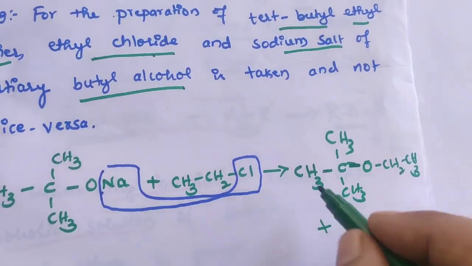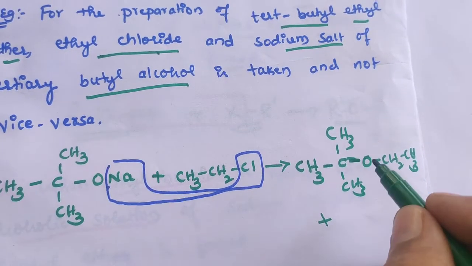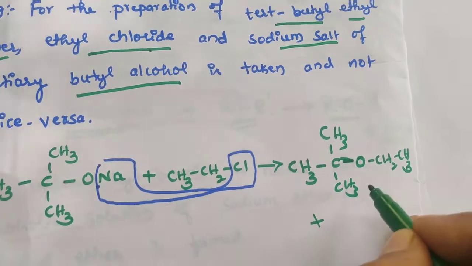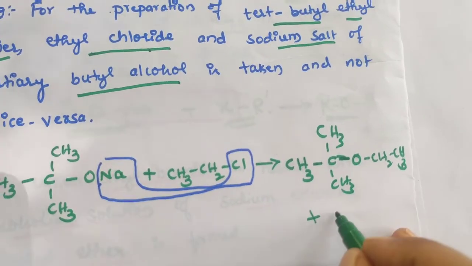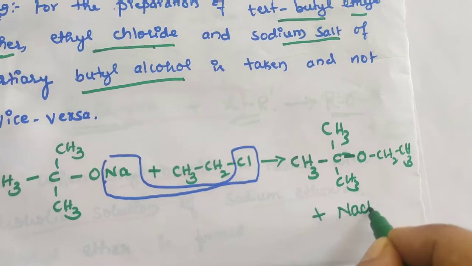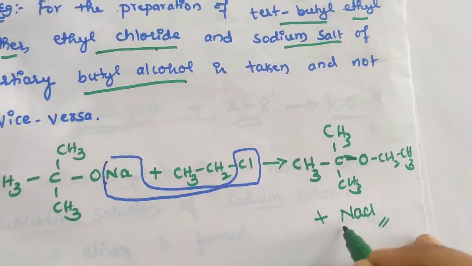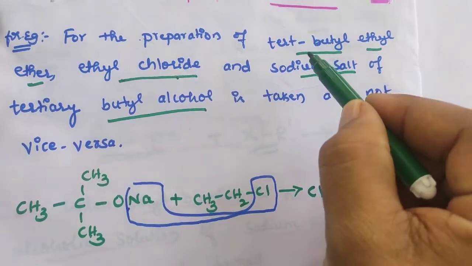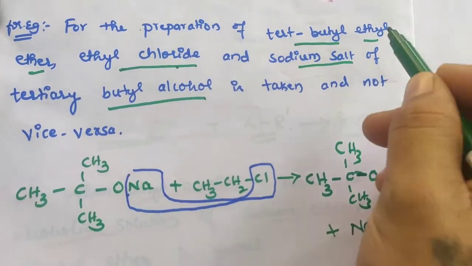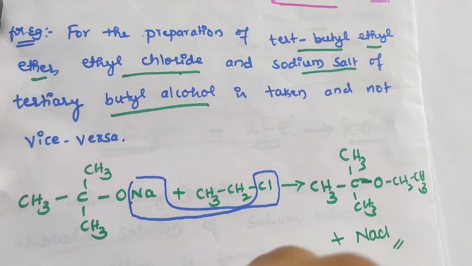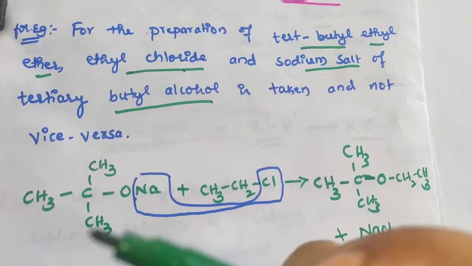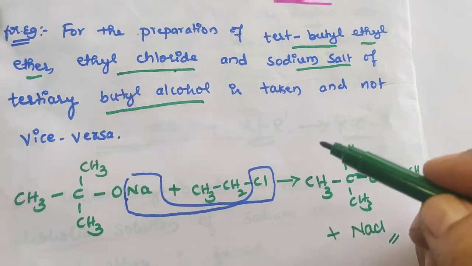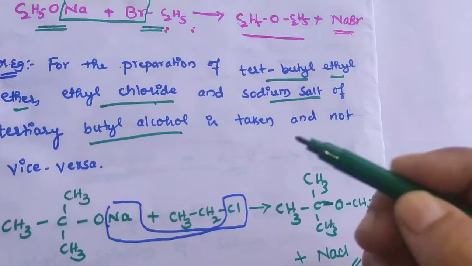So here we are obtaining tertiary butyl ethyl ether as a product, and there is elimination of sodium halide, that is, the formation of sodium chloride. So this is one of the important examples of how we prepare tertiary butyl ethyl ether by taking the sodium salt of tertiary butyl alcohol. So this is about Williamson's synthesis.